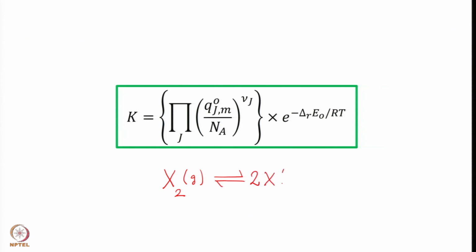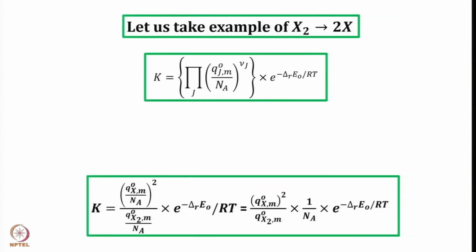Let us see, we apply it to this. And in future I will avoid writing G because we are anyway discussing the situation in the gaseous state. All right. Now, our system is X2 going to 2X. So, we have to use this expression.